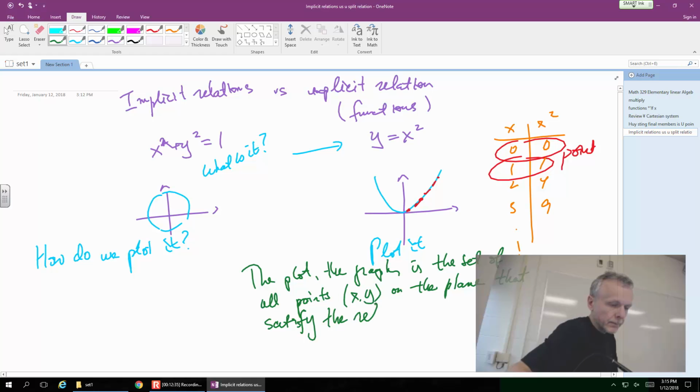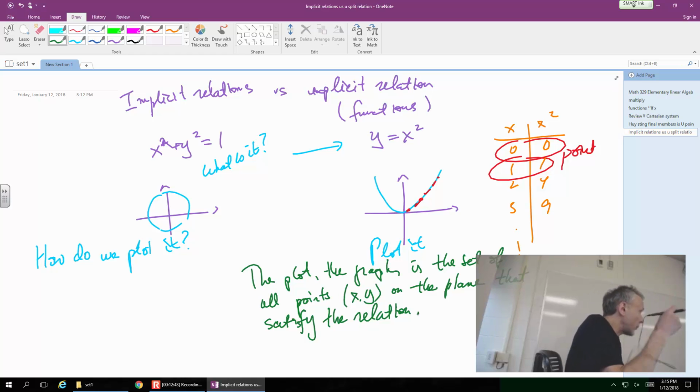On the right, it was very easy: you plug in x and you find y, and you immediately form a pair, which forms a point. You plot that point, and you have your curve.